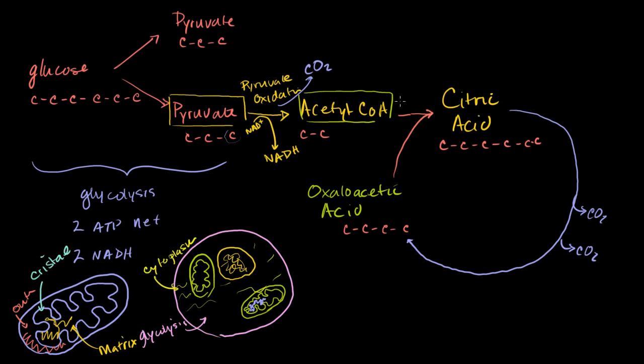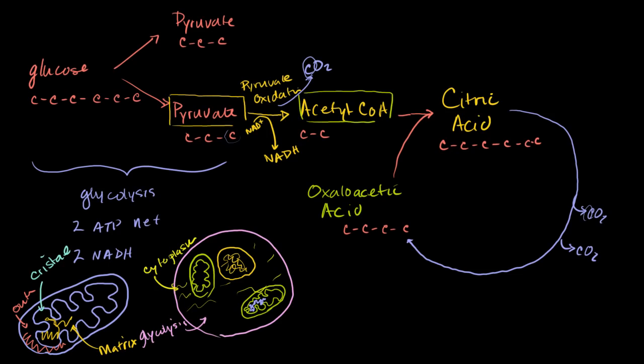When you do this whole process once, you're generating 3 molecules of carbon dioxide, but you're going to do it twice. You're going to have 6 carbon dioxides produced, which accounts for all of the carbons, right? You get rid of 3 carbons for every turn of this, well, 2 for every turn, but really for the steps after glycolysis, you get rid of 3 carbons, but you're going to do it for each of the pyruvates. So you're going to get rid of all 6 carbons, which you'll have to exhale eventually.